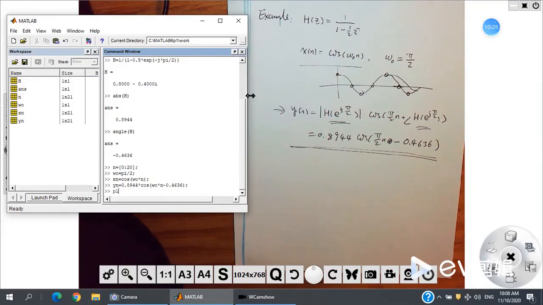Now let's plot x of n and y of n. I need two plots: n and x of n, where n is a kind of time, right? And n and y of n. Alright, I have these two.